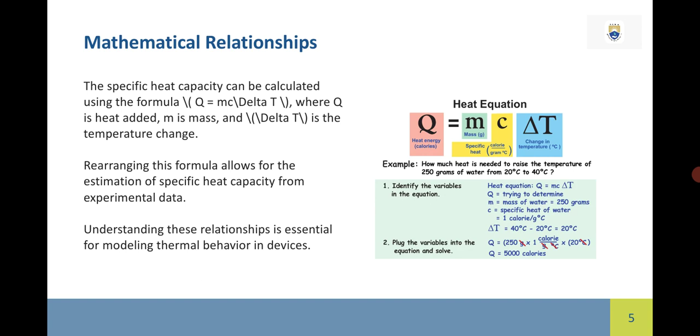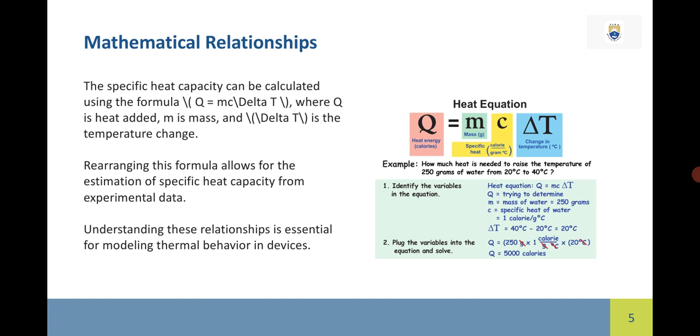Mathematical relationship. The specific heat capacity can be calculated using the formula Q = mcΔT, where Q is the heat added, m is the mass, and ΔT is the temperature change.